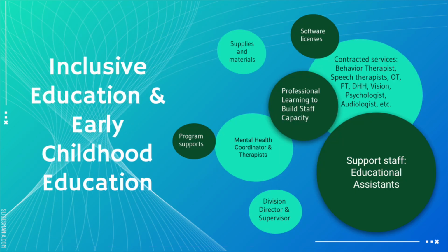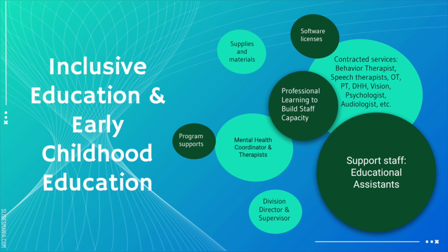And what that means is there are a number of centralized services which this department is responsible for. So this department oversees the programming for special needs students as well as ECDP and K programming. So most of the educational assistants are paid for through this centralized budget.